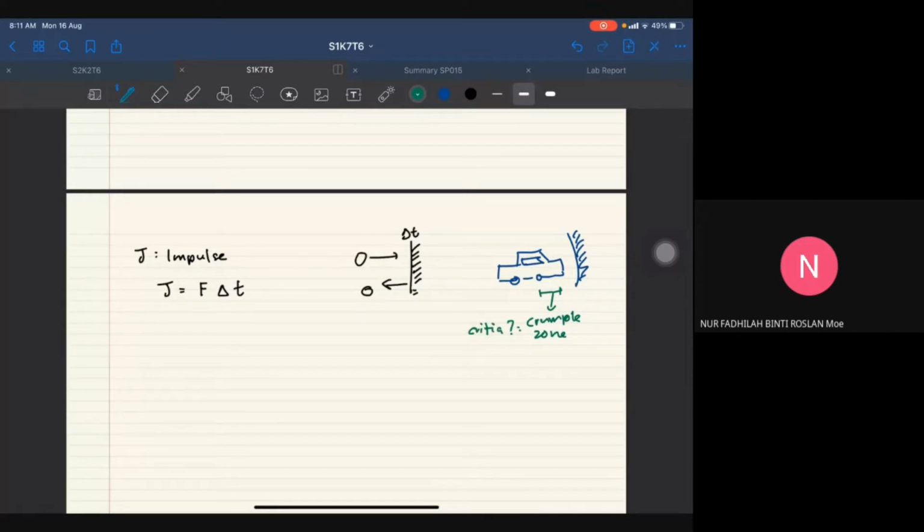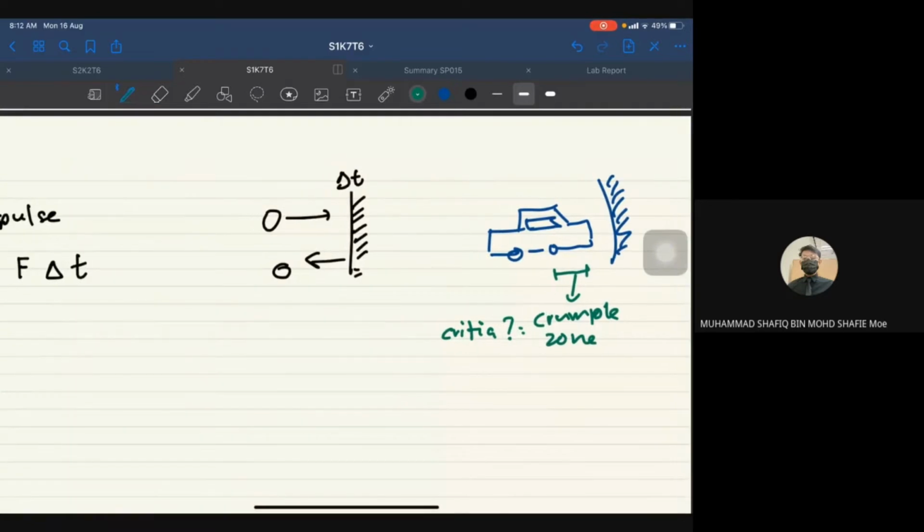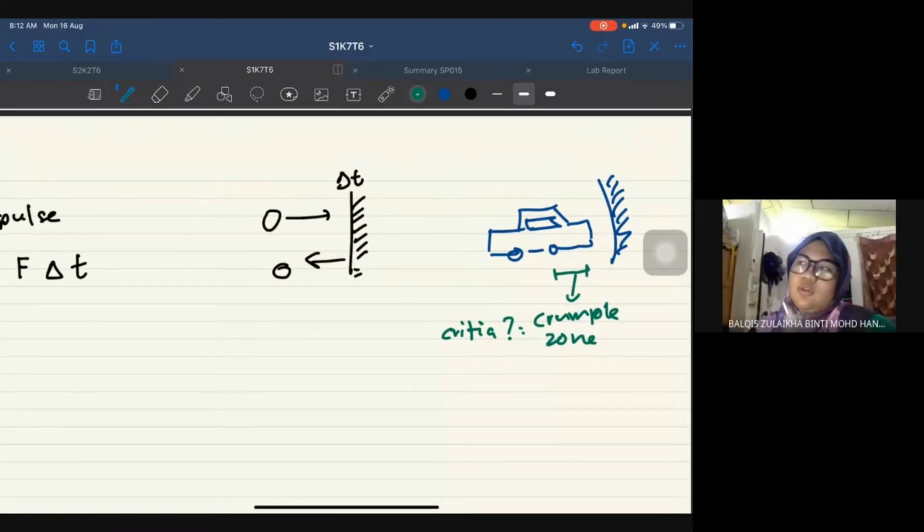What is the criteria to minimize the impact towards the car and the person inside the car? Guys? Just think. What is it? Can't hear? Inside there is an airbag.